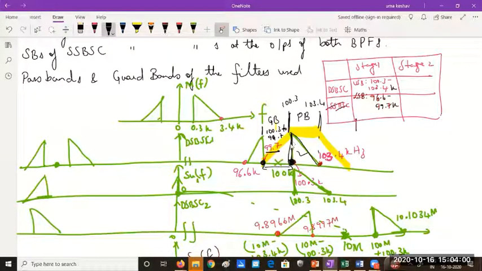The frequency at the beginning of this sideband is 100.3. So this is 100.3 and this is 99.7. So guard band will be 99.7 K to 100.3 kilohertz in the first stage, and pass band will be 100.3 to 103.4. Are you following?